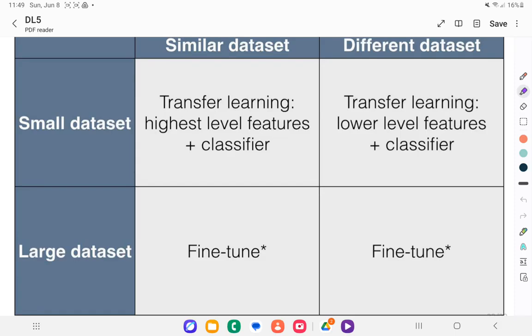If you have a large destination data set, then you can fine tune for better results. Now, if the destination and source tasks are completely different, then if the new data is small, again, you could just go for transfer learning. But if you have enough data, it's better to fine tune your model.